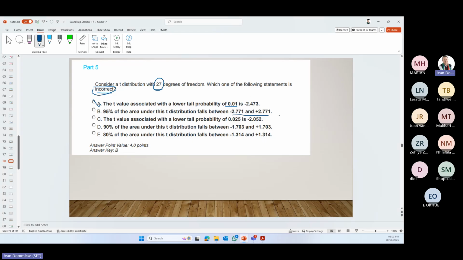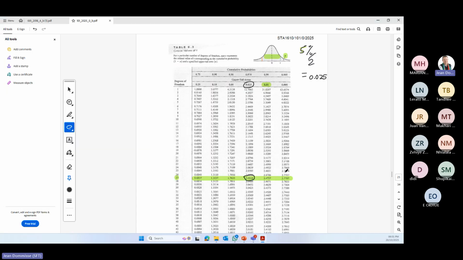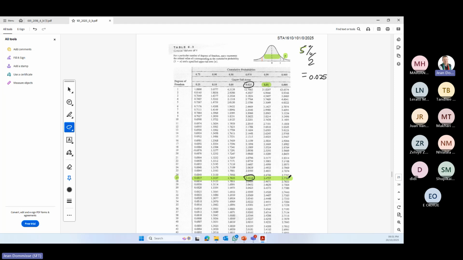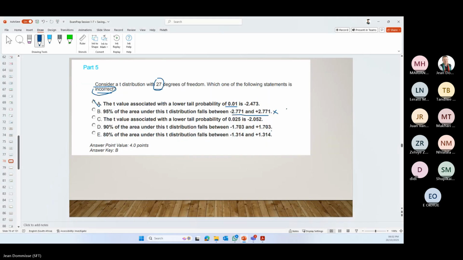2.052. Okay, we see it's not that. That is probably for a full 5%. So where is 2.771? If you went for 0.005, there was an answer for you. So option B is the incorrect one, which we are looking for.